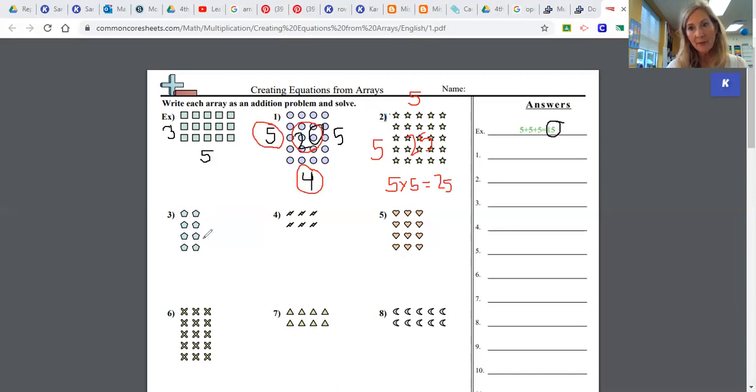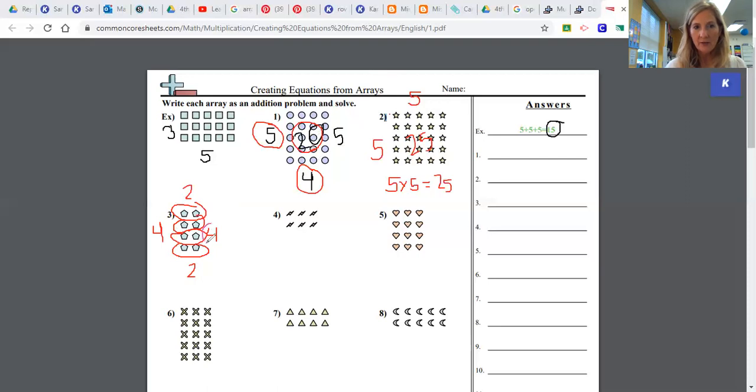Okay, so let's do 2 more examples. Right here, number 3, how many rows do I have? 4. And the rows are right there. 1, 2, 3, and 4. So obviously I could write it on either side. It wouldn't matter, right? And there's 2 in each row. I could also say that down here. But I don't need to use all those numbers. All I need to do is know how many rows and how many are in a row.